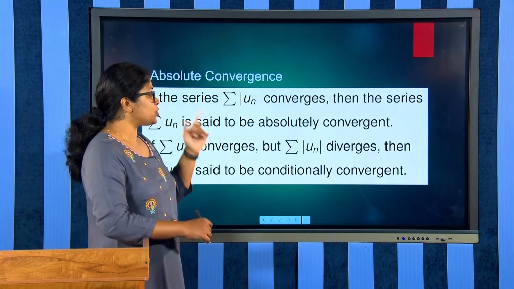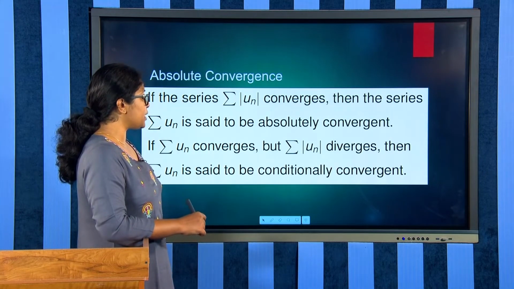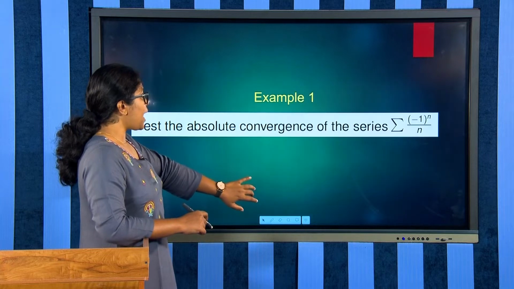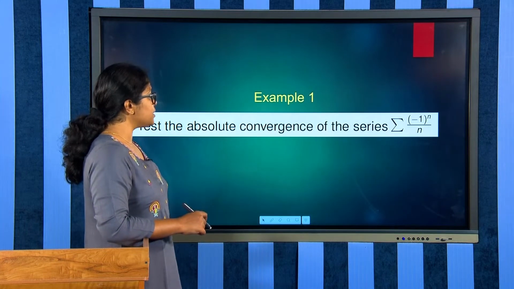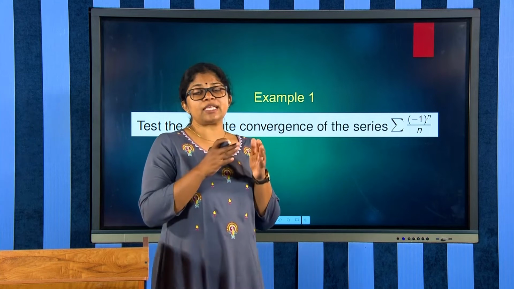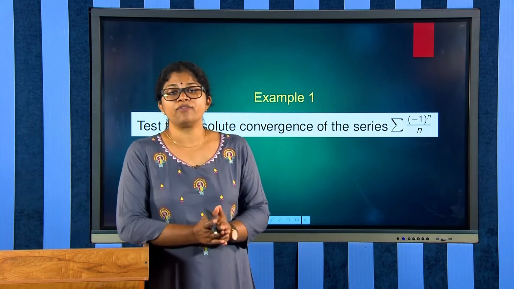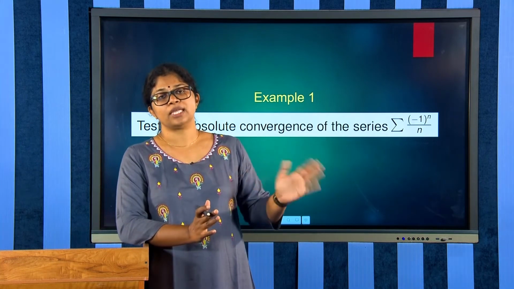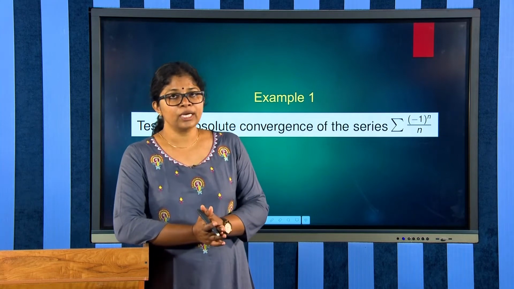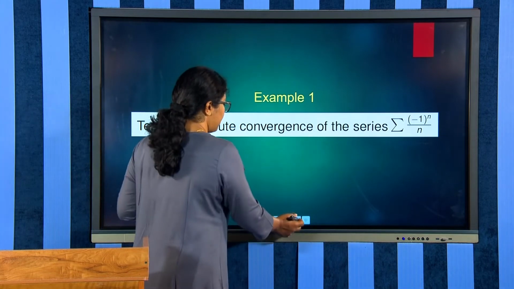So, that is the definition of absolute convergence and conditional convergence, and we can see that whenever a series is absolutely convergent, definitely the series converges. That is a condition that we have to remember.